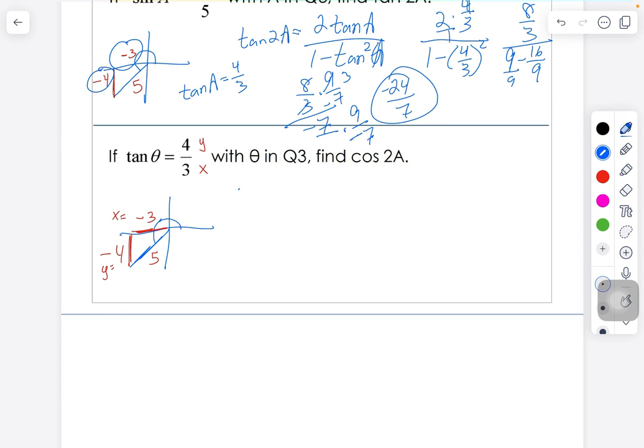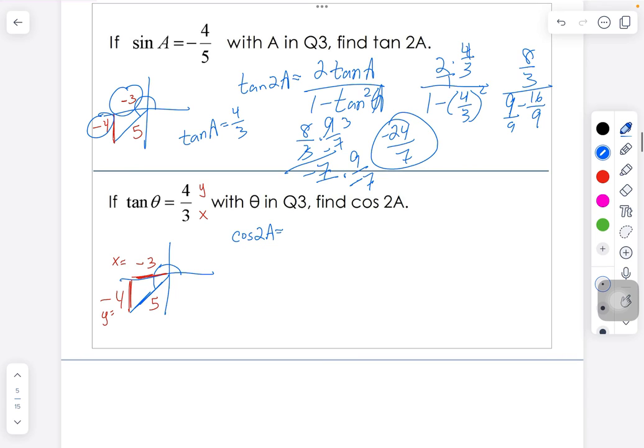So I'm going to go cosine of 2a, which is, again, it doesn't matter which one I pull, but I'll go with this one of cosine squared of a minus sine squared of a.